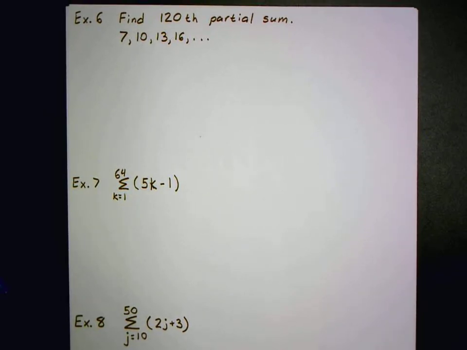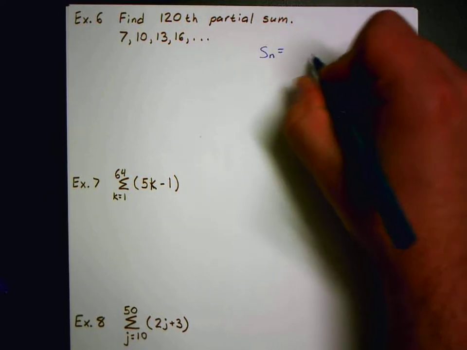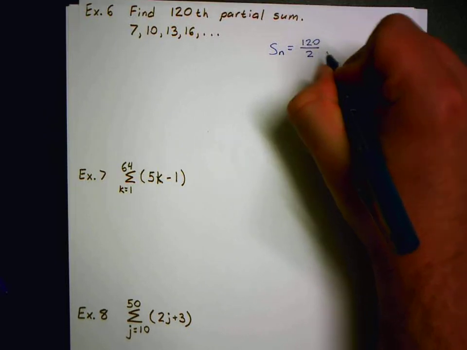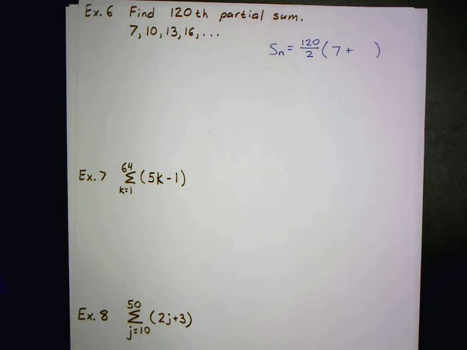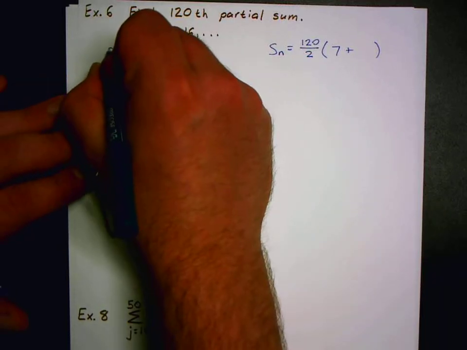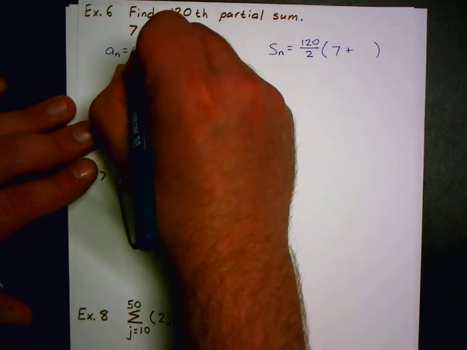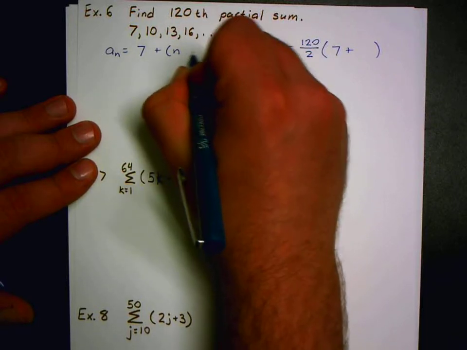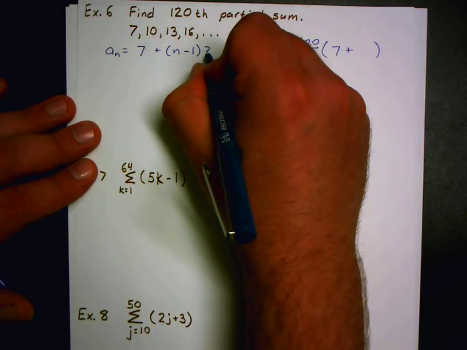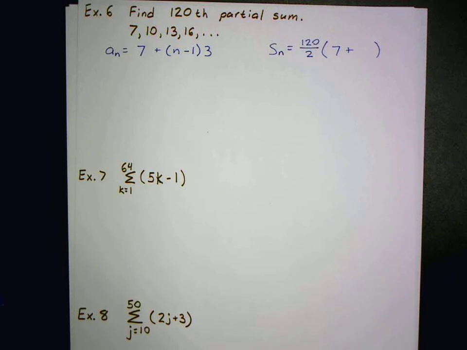These are a couple more ways that you're going to be presented this. So if they give you an arithmetic sequence and they ask you to find the 120th partial sum, the problem with this one is we don't know what the 120th number is. So you have to use the first formula. My common difference on this is 3. So you use the first formula to create a formula for your sequence.